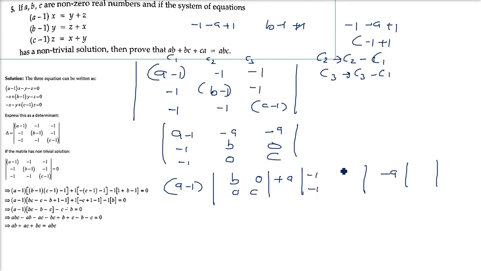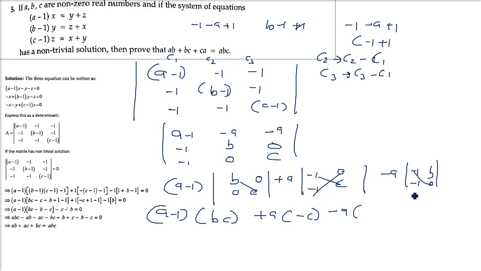So minus a, minus 1, 0, c will come. When you take minus a, it will be minus 1, b, 0. Okay, (a minus 1), you get bc minus 0, so it will be bc. Plus a, it will be negative c minus 0, so negative c. Minus a, it will be 0 minus plus b, so it will be b.